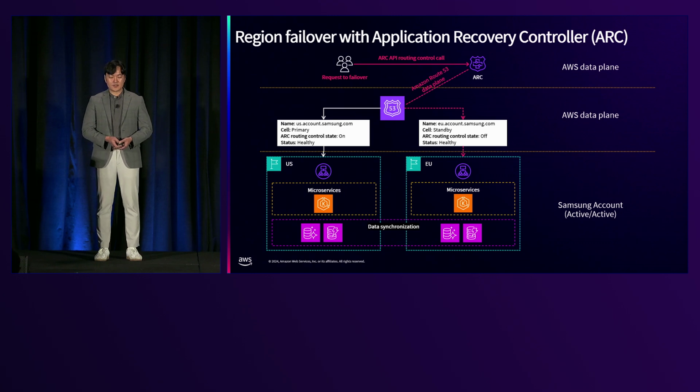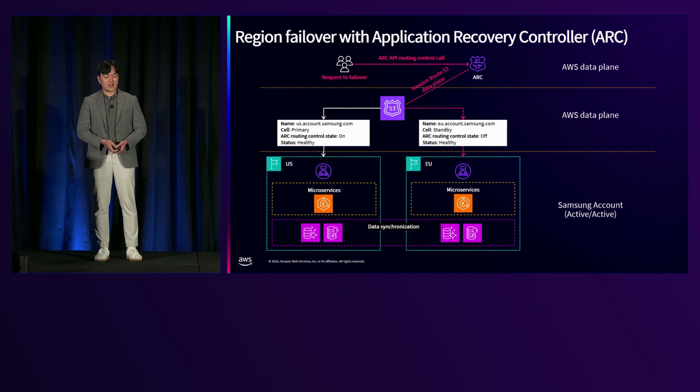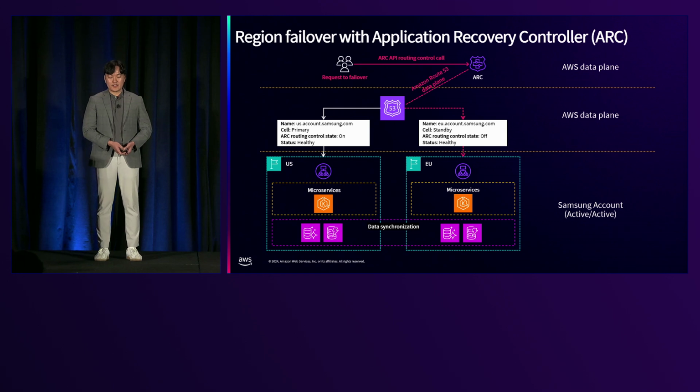Therefore, if a Route 53 control plane issue occurs in this region, changing Route 53 DNS records becomes impossible. To address these concerns and improve availability, AWS launched the Application Recovery Controller. Despite any potential failure in the Route 53 control plane, ARC enabled pre-configured sets of routing controls in the data plane to switch traffic via health check functionality.